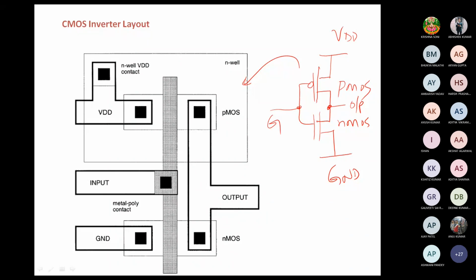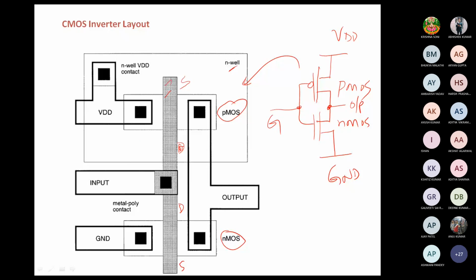So one can identify the different regions here. This is the NMOS, and above it is the PMOS. The PMOS is housed in an N well, and the substrate is of P type, in which the NMOS is situated. And this is source and drain here, source and drain here. Oh, sorry, this is actually polysilicon.